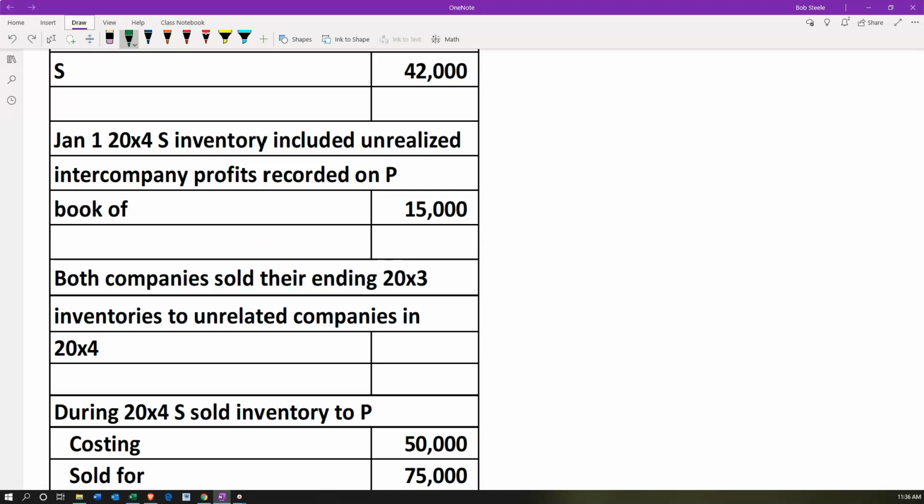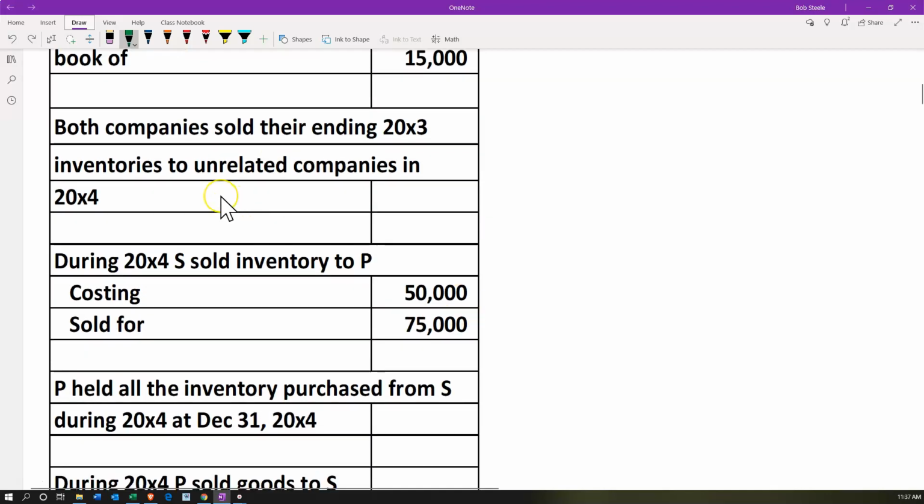Okay, and then next, on January 1st, 2000 X4, S inventory included unrealized intercompany profits recorded on P's books of 15,000. So these are items from last year that are on the balance sheet and haven't cleared yet. Last year P sold inventory to S, which S hasn't yet sold to an outside party, and we assume that sale to an outside party will happen in the current year, 2000 X4.